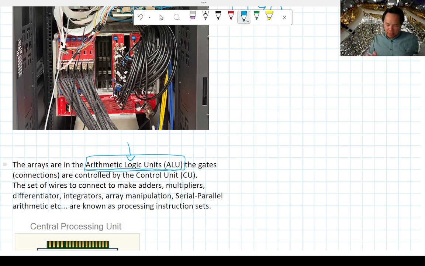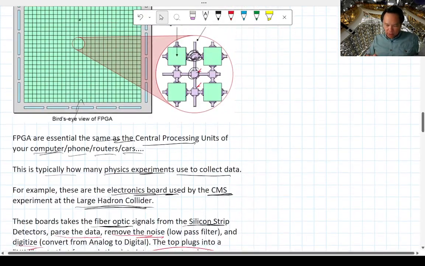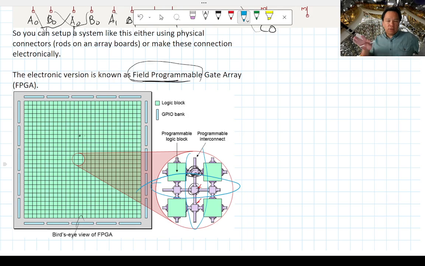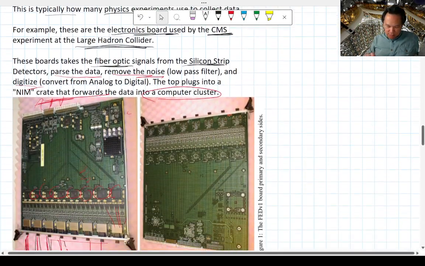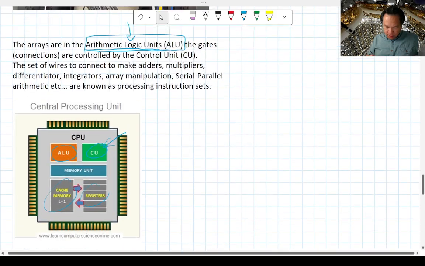But these arithmetic logic units, the ALUs, are completely useless, right? Because by default, none of these things are connected together. If you send data into something that has no connections, nothing comes out, because none of those connections are actually made.